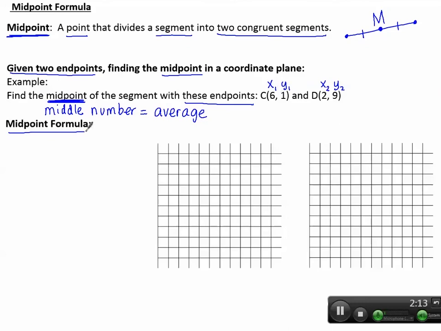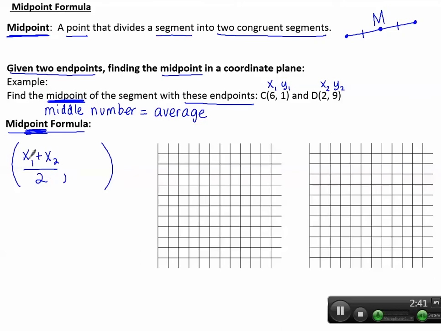So for the midpoint formula, we think of averaging the x's. Keep in mind this is a point. A point is written as an ordered pair with parentheses and a comma to separate the x and the y. If we're given two x's, here's an x and here's another x, we're going to average those x's. So the formula looks like this: (x sub 1 plus x sub 2) divided by 2.